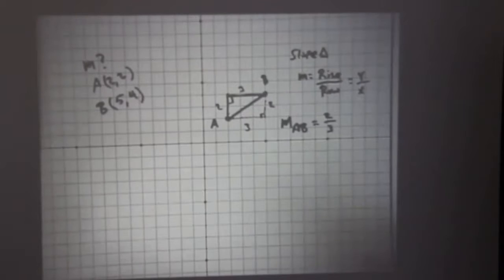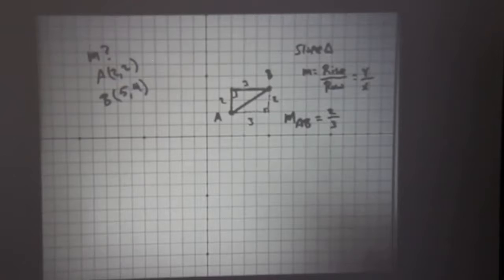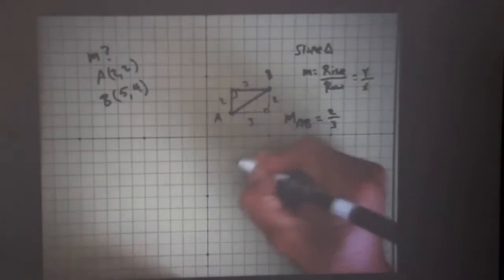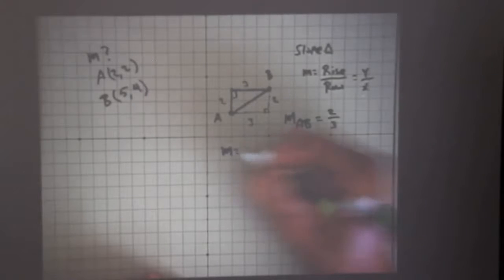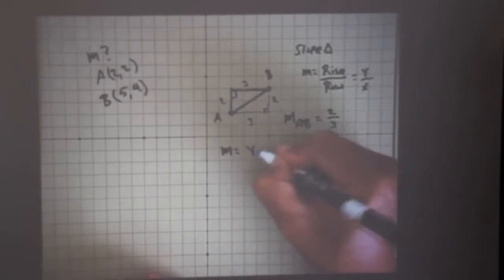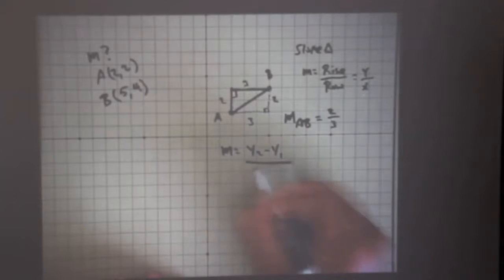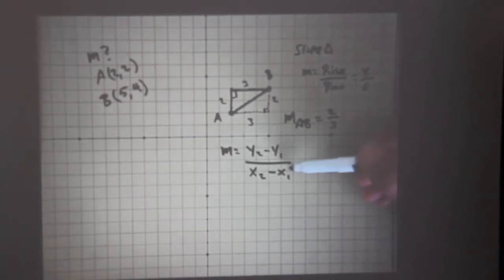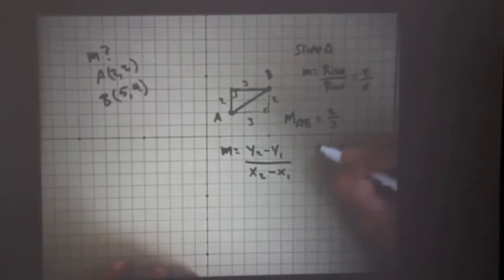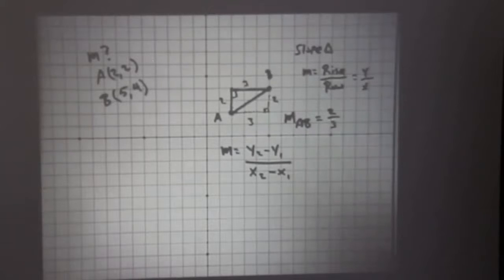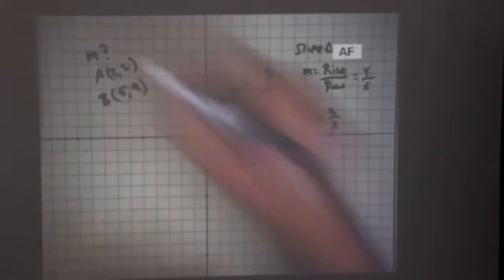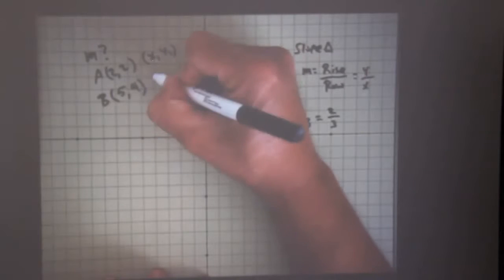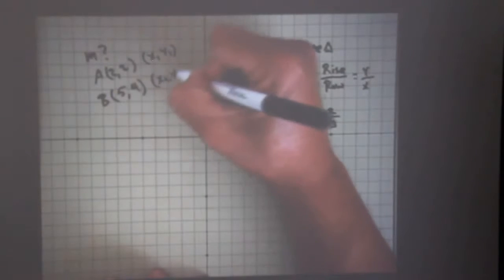There's a formula that formulates rise over run as a slope, and the formula for slope is always y2 minus y1 over x2 minus x1. Just y is on top, x is on the bottom, and that's for any 2 points that you're given. So for example, let's call this one x1, y1, and then point B is x2, y2.